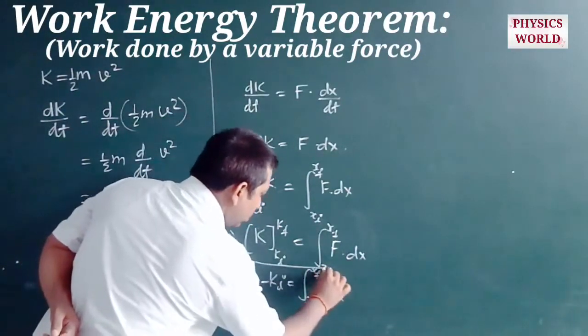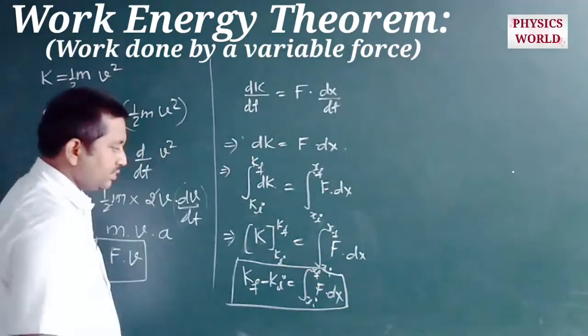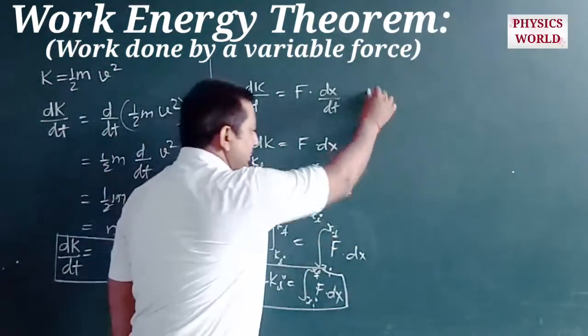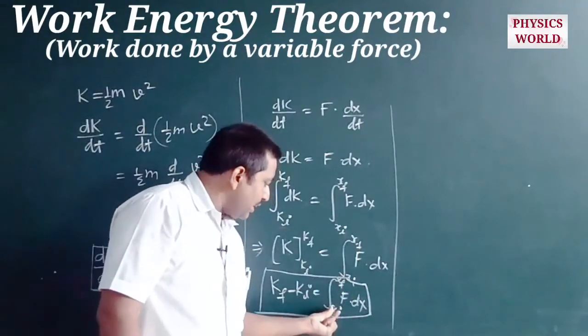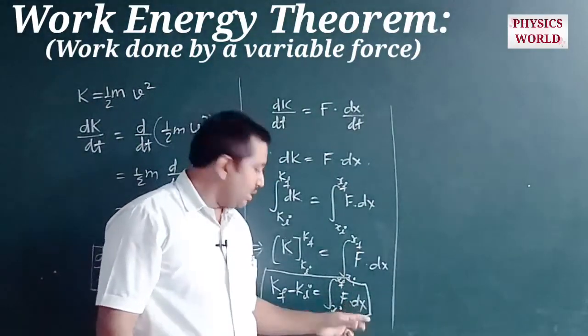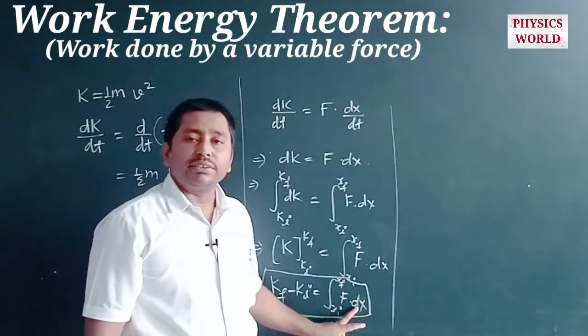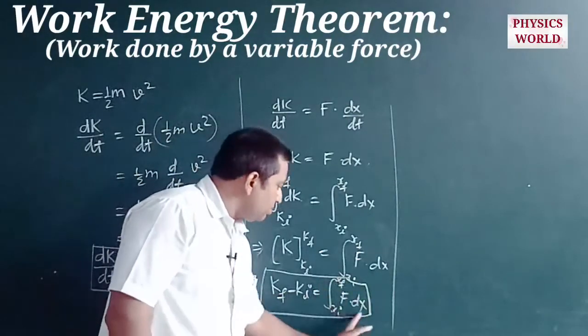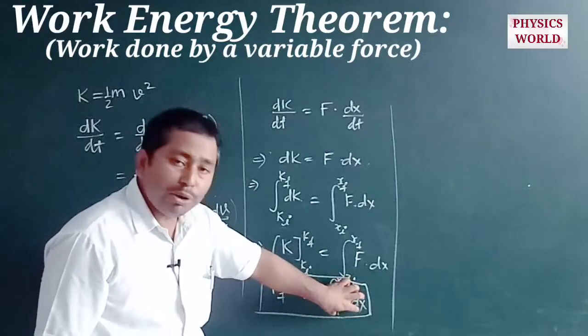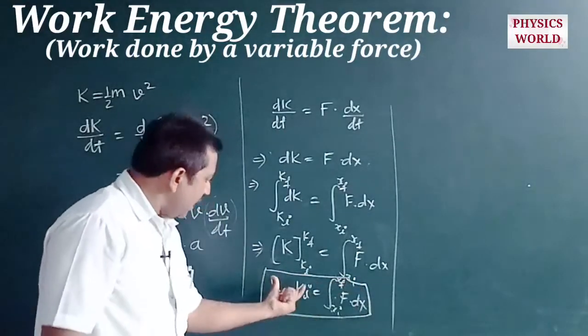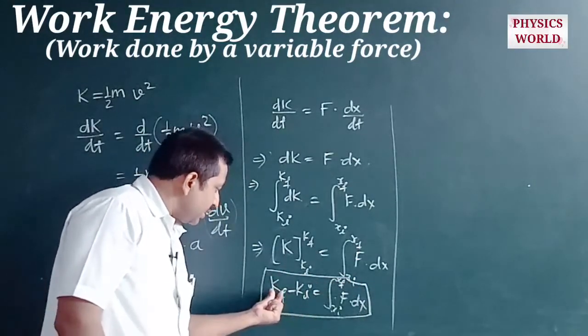As we discussed in our yesterday's lecture, the integration from xi to xf of F dot dx is the total amount of work done by a variable force. So this is the work done by a variable force, and this is the change in the kinetic energy.